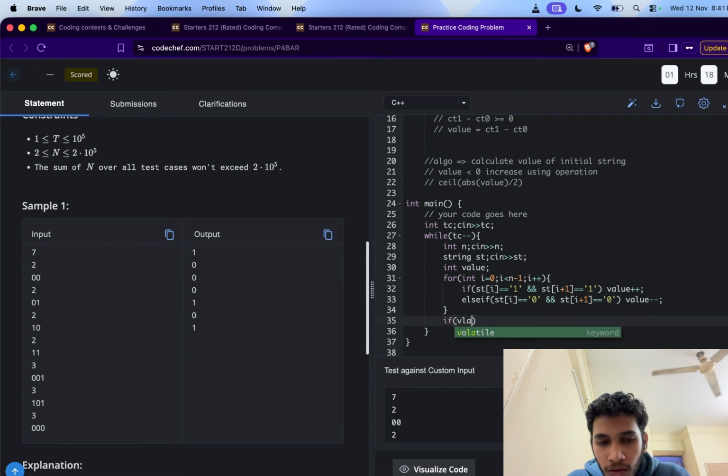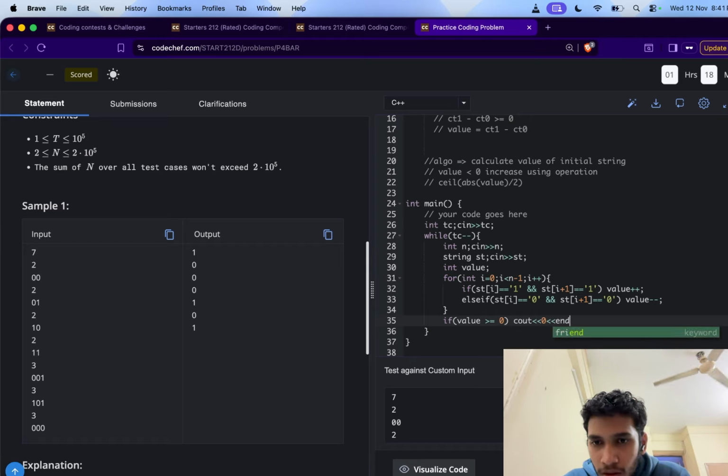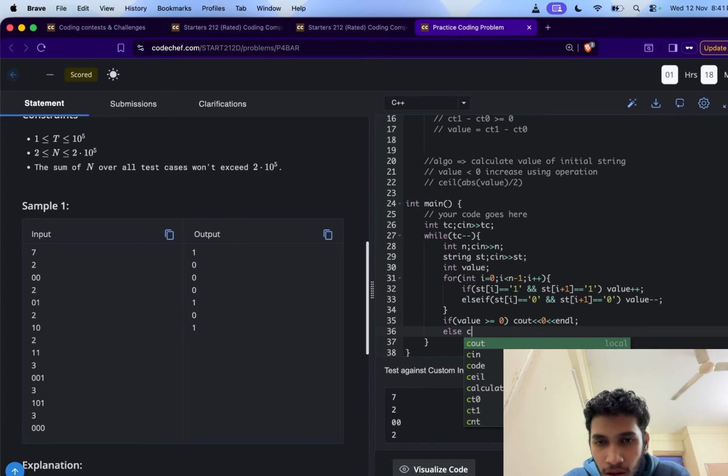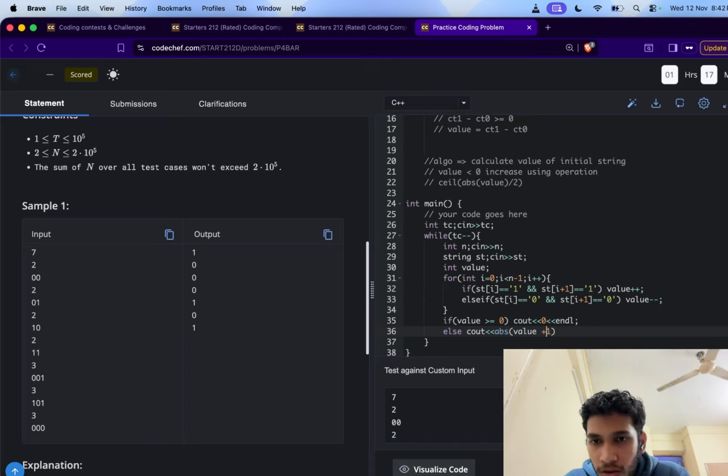If value is already positive, just leave it. What is in the else part? This is the short form of, yeah, so value plus 1 divided by 2.